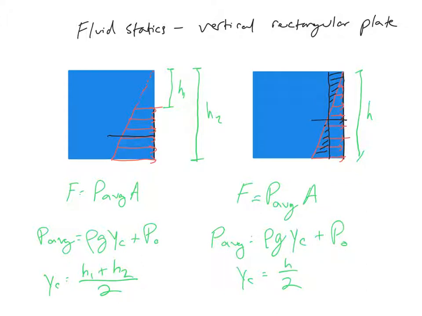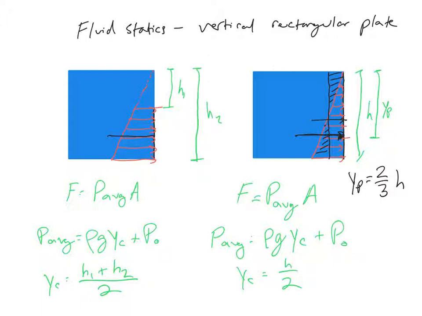Where these differ more significantly is in the calculation of where this arrow acts. On the right side, if we're going to look at where the arrow is actually going to act, and we're going to call that y sub p, then we can say that y sub p equals 2/3 h.